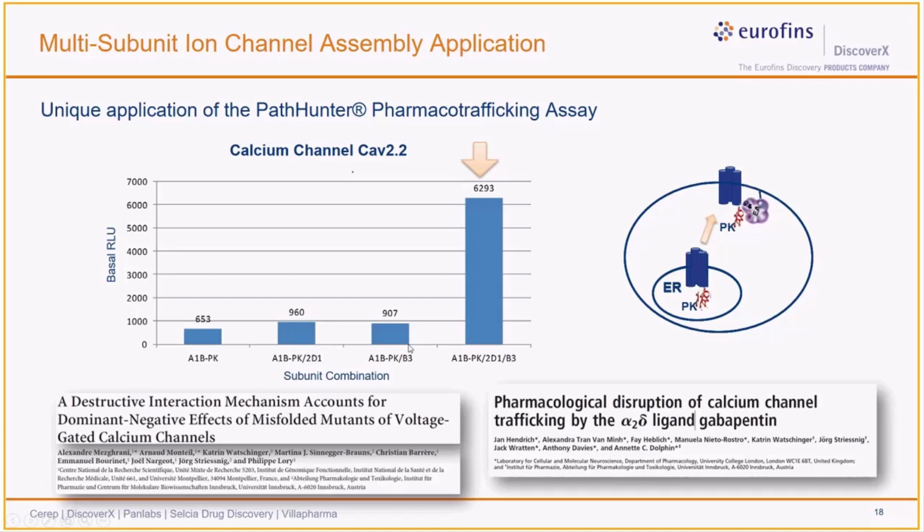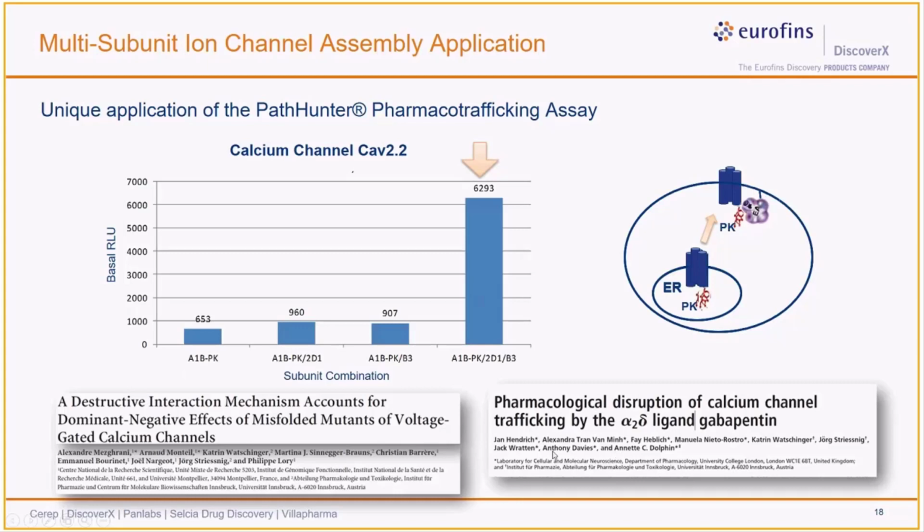So looking at the bar graph, you see that one subunit assembly has some kind of a low basal activity, and if you add a second subunit, you still see this low basal activity and incomplete assembly going on. But adding the third subunit, all 3 of them, results in high basal activity, which is indicative of the ion channel reaching the membrane, where the ProLink can combine with the EA, creating the complementation, generating the signal that you're seeing here.